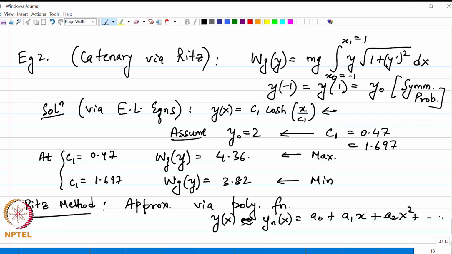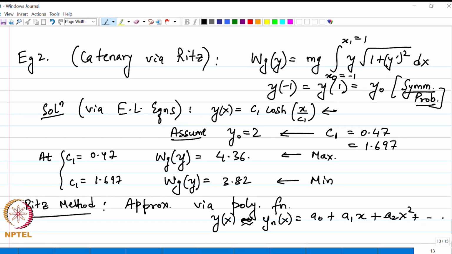Now, before we move ahead, we also know that the problem is symmetric. We stated that to begin with, which means that the solution that we are assuming must also be an even function to account for the symmetry.